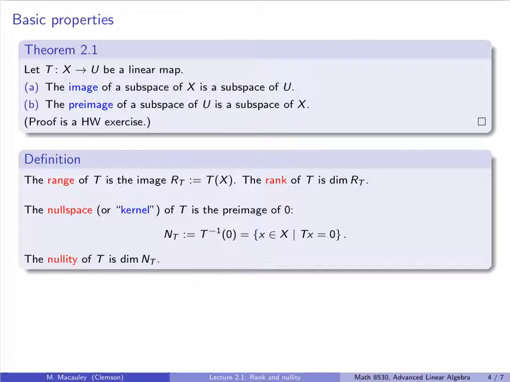I'll denote that as N sub T, although a lot of times people write ker of T, or NS of T. There are a few other notations as well. It's the set of all vectors that get mapped to 0, and the dimension of that space is called the nullity.